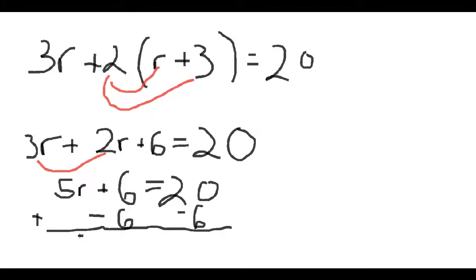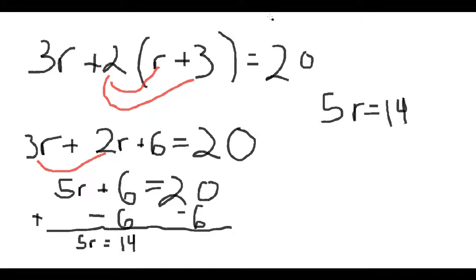Left with 5r equals, what's 20 minus 6? Oh, I believe it's 14. Let's bring the problem over here. So we're left with 5r equals 14.